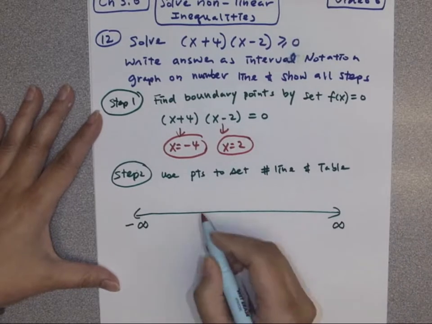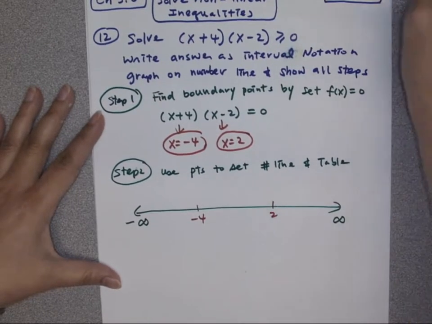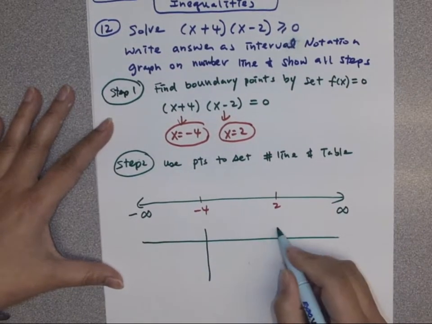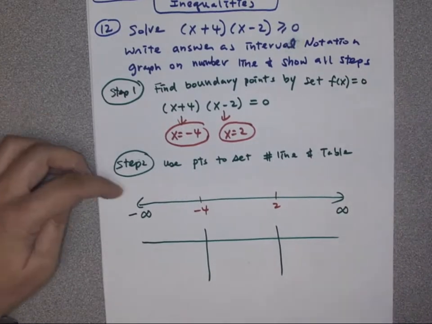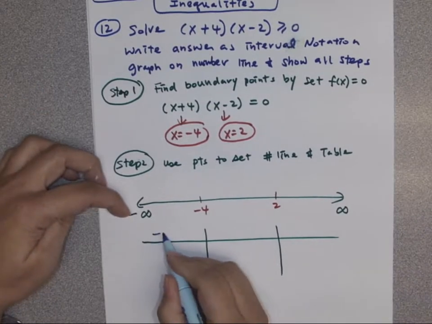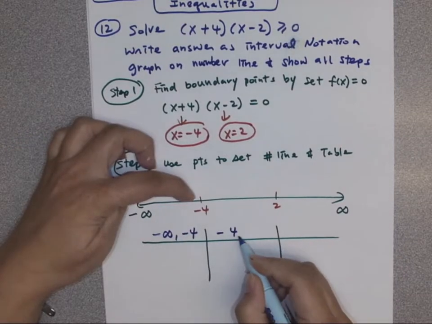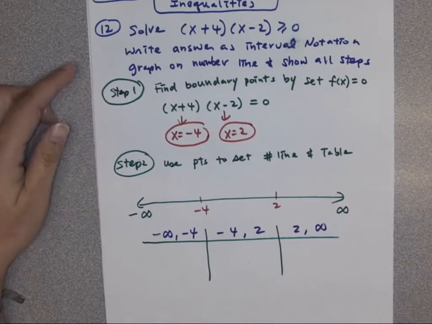So the smaller number first, which is -4, and the next number is 2. And using that as a guide, we're going to set up a table and write down the interval for each one of them. So negative infinity to -4, and then -4 to 2, and then 2 to infinity, right?